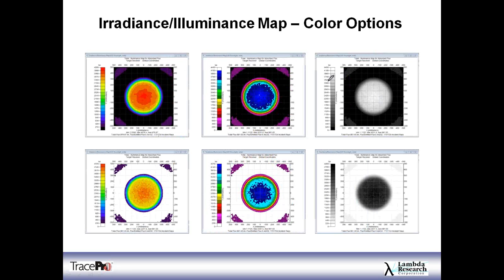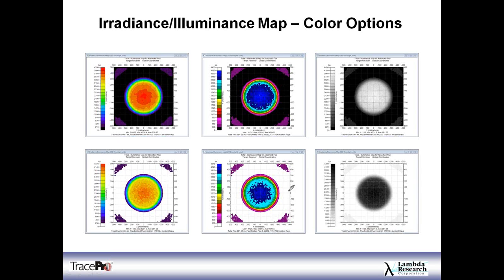So in the Irradiance map, we can take a look at the way it actually looks in several ways. There's a lot of color options available. In this case, we have 2 different color gamuts that we're using, one with red being the brightest, and in this one here, blue and white are the highest irradiance. We also have a grayscale option.